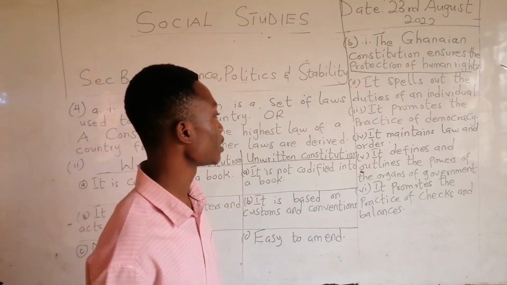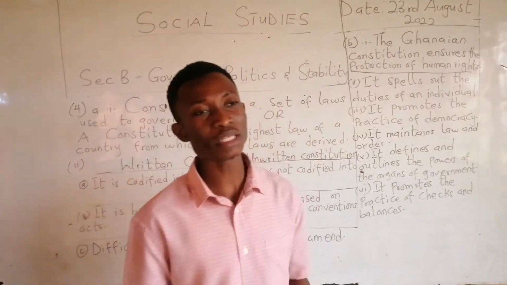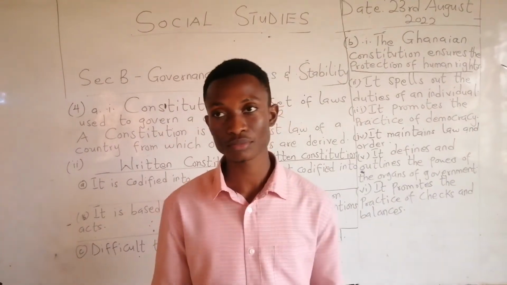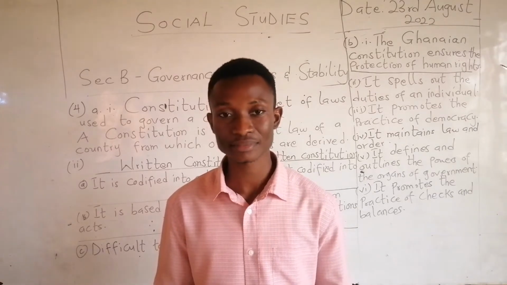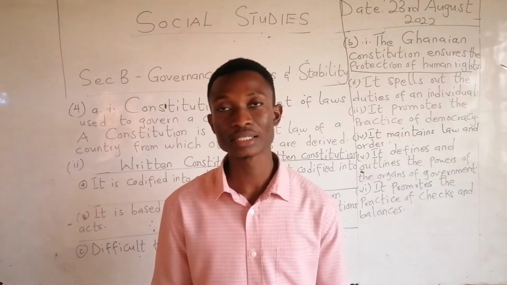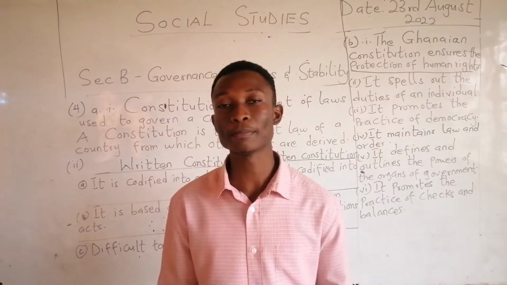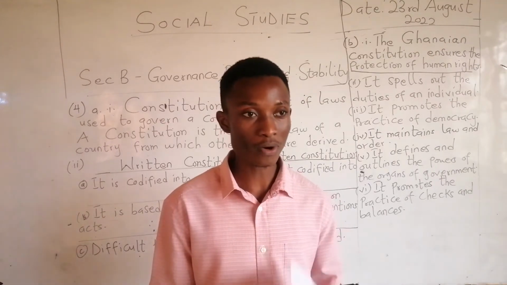Five, it defines and outlines the powers of the organs of government. The organs of government, namely the executive, legislature, and judiciary, are checked in a way that they function according to the powers outlined to them. The Constitution defines the rights of each of the organs of government.